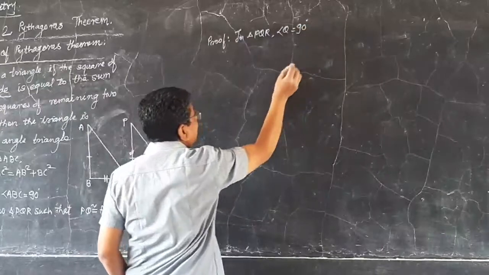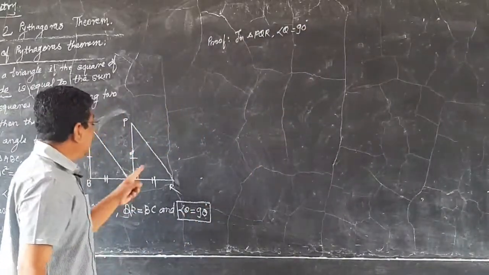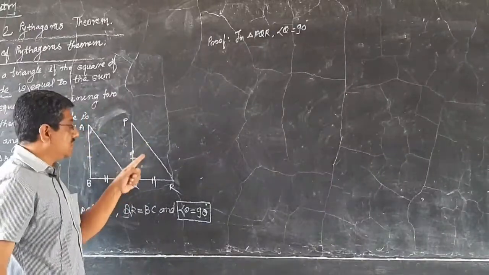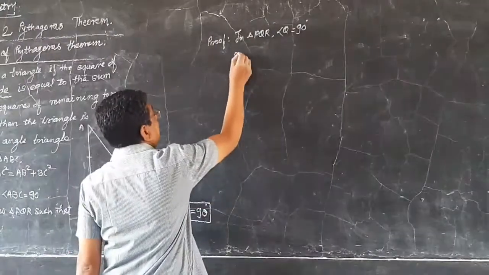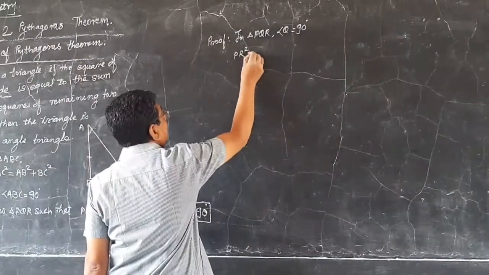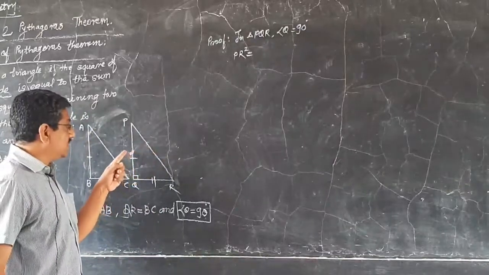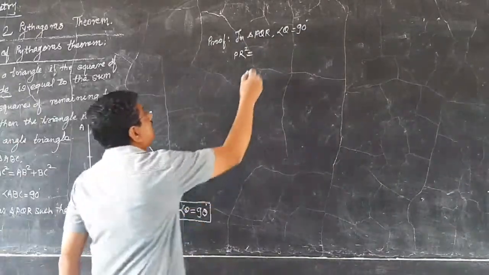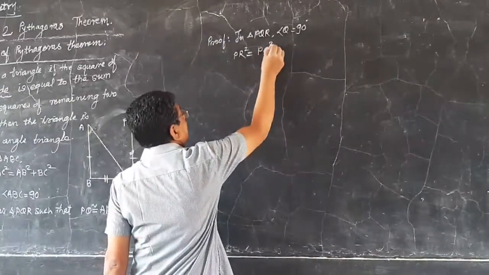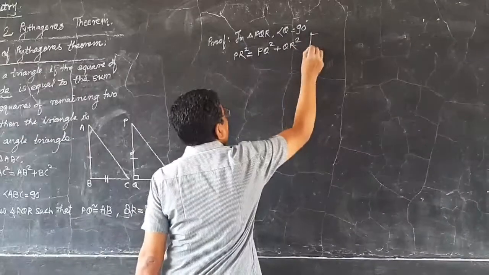If it is a right angle triangle, then you can use Pythagoras. How will you use the Pythagoras? Square of hypotenuse, that is PR square, is equal to the sum of the squares of the remaining two sides, that is PQ and QR. Then PQ square plus QR square by Pythagoras.